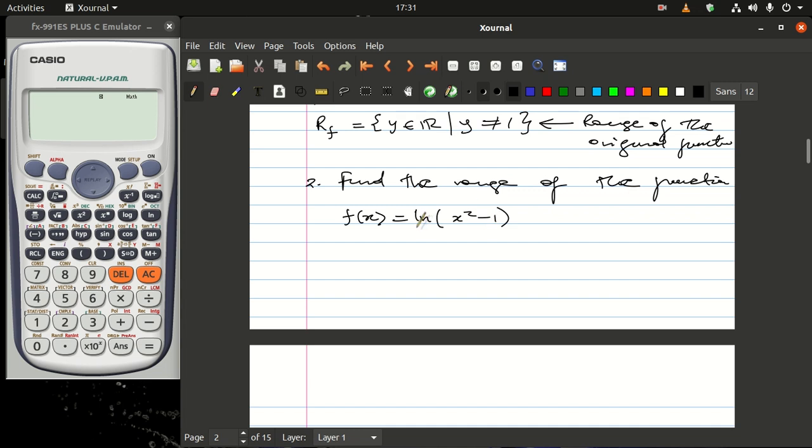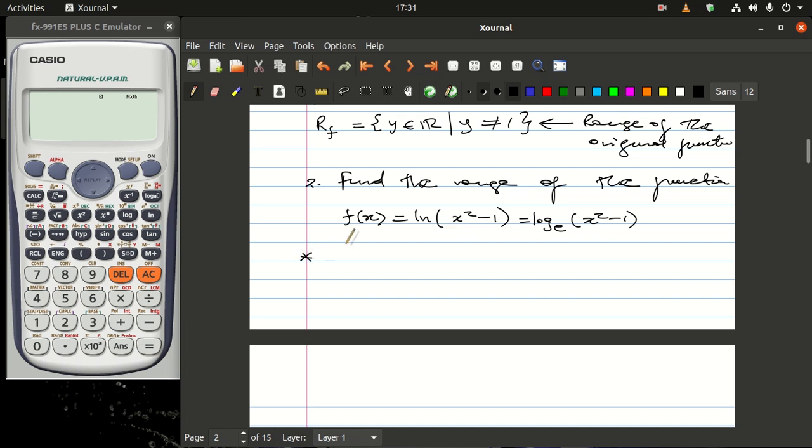So I have this function here. Whenever you're seeing this ln or natural log, you must know that it is the same as log base e of x squared minus 1. So log base e is the same as a natural log. So that's what is important.